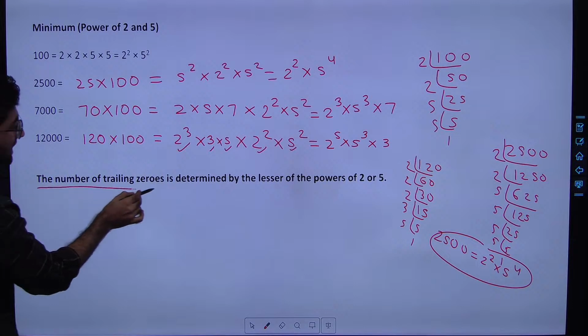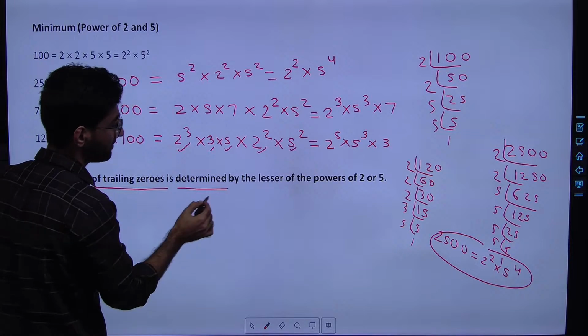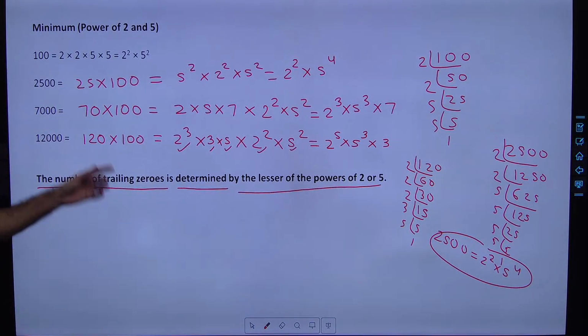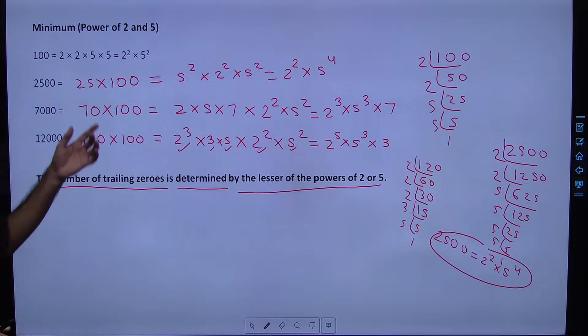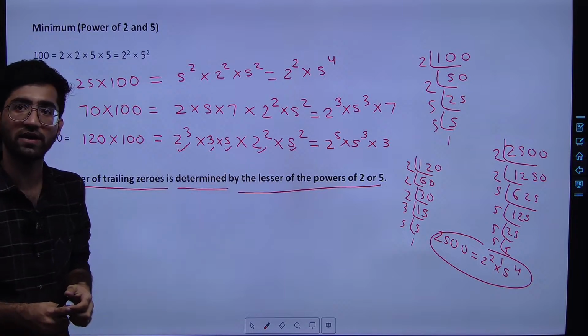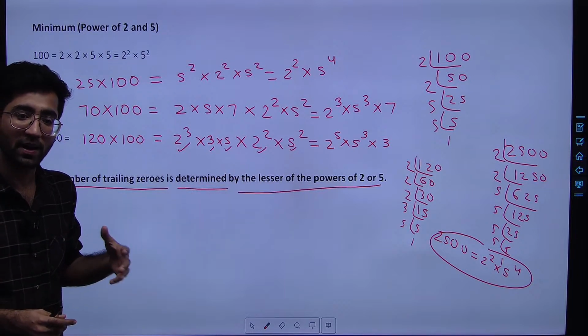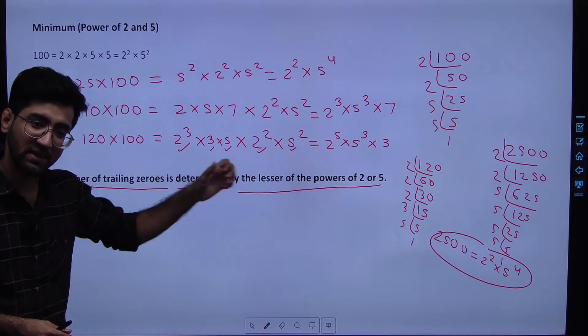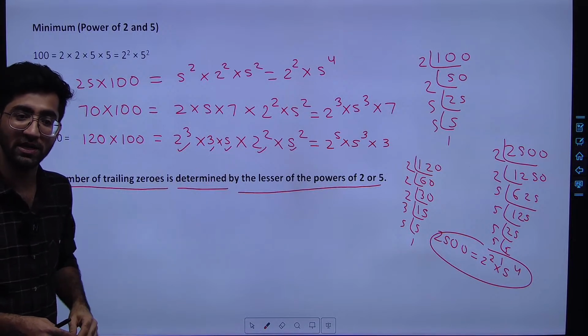The number of trailing zeros is determined by the lesser of the powers of 2 or 5. Means if you prime factorize some number, look at the power of 2 and 5. Whichever power is less, pick that power as the number of trailing zeros.